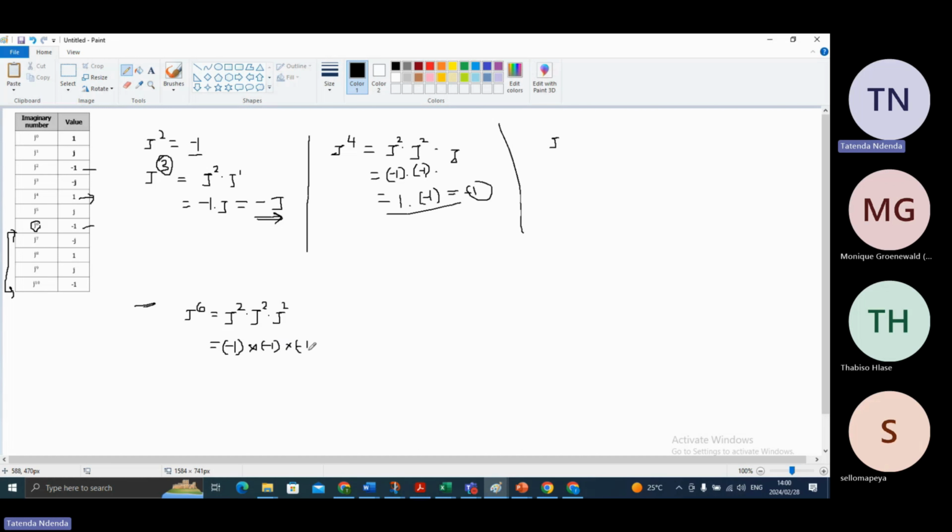So now, guys, on your calculator, we know that negative multiplying negative gives us positive, right? Then negative multiplying positive gives us negative. Then positive multiplying positive remains positive, right?